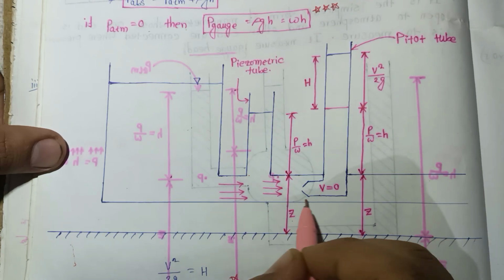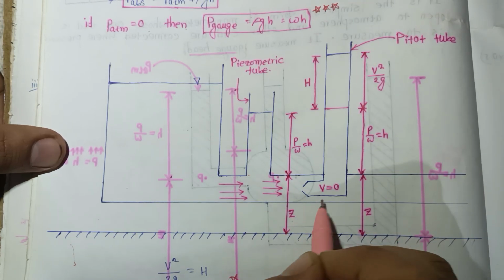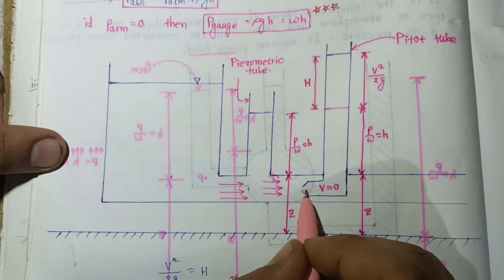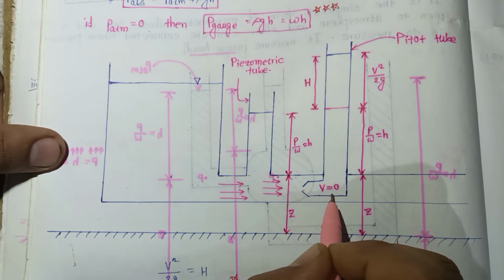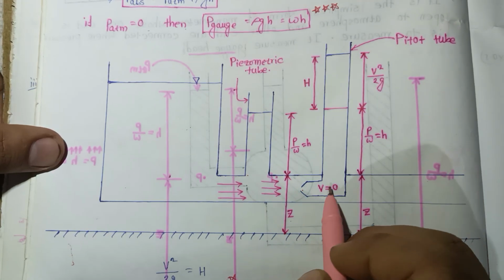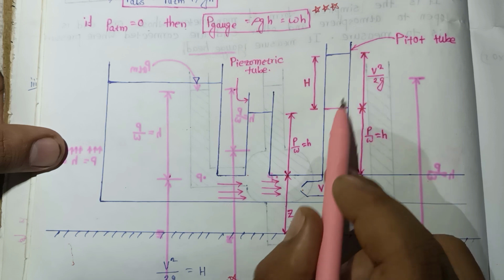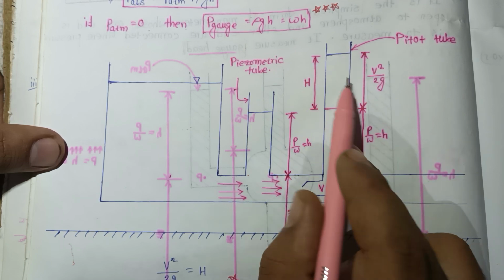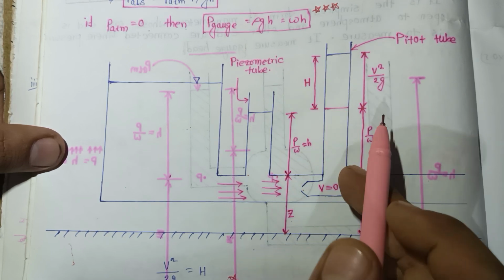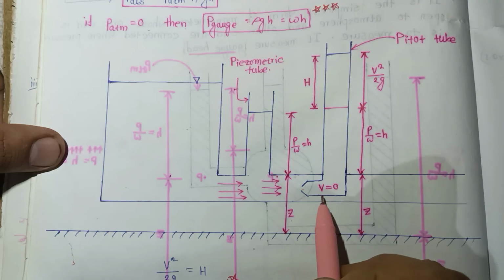If you install a pitot tube, this is the stagnation point where V equals 0, and there is an extra liquid column deflection of V square by 2g due to the stagnation.